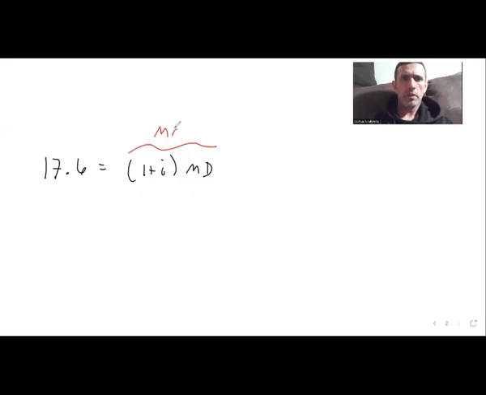Remind you this is the Macaulay duration. So dump MD, the formula for MD in the context of a perpetuity with payments of K at the beginning of each year is just 1 over I.